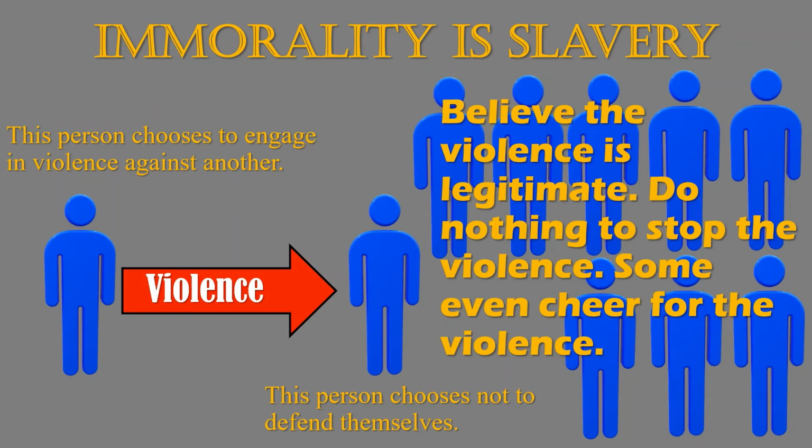Now you have a group of people watching this. And this group of people, they believe the violence is legitimate. They do nothing to stop the violence. And some even cheer for the violence. This is slavery.